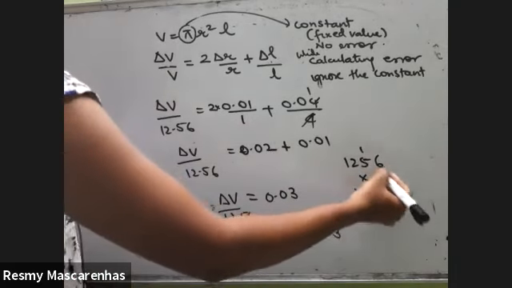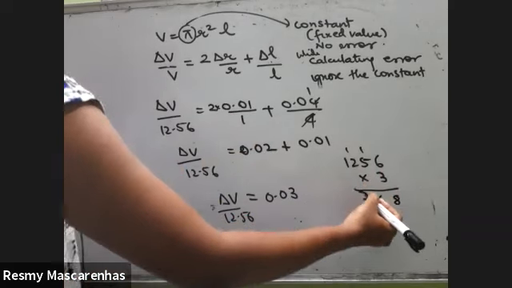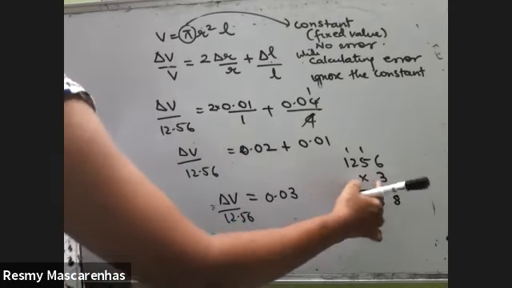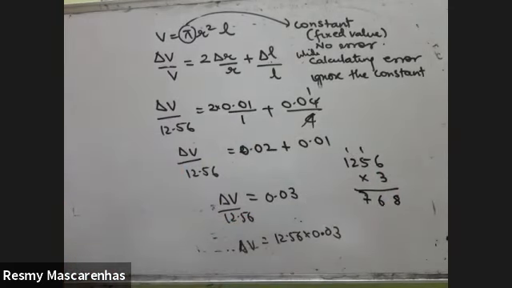Okay. So that would give you 0.03 and that is 12.56. Yeah. Now check how much you're getting.